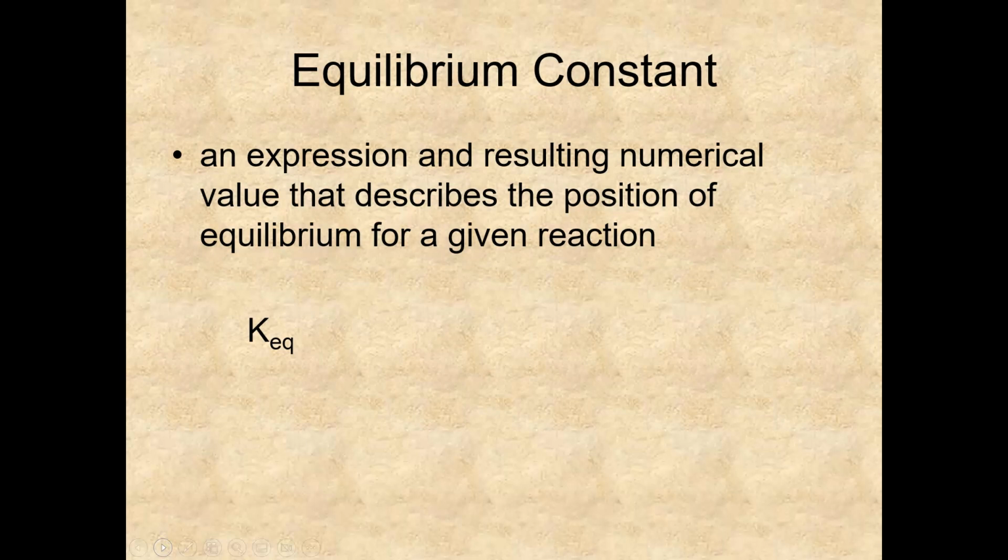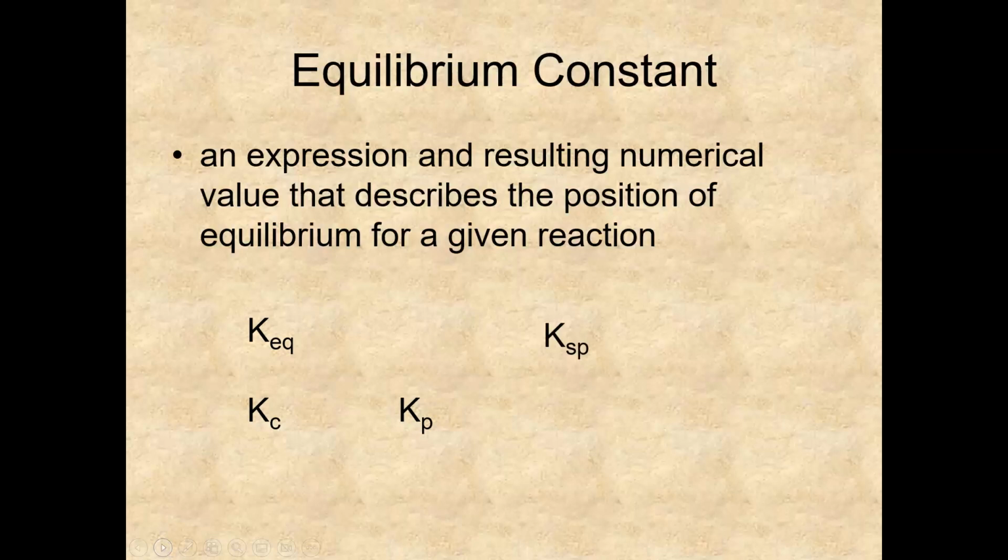We're also going to look at K in terms of, we can calculate K using concentrations, which is that Kc. We can also calculate K using pressures if we're dealing with gases. So you may see Keq, Kc, or Kp. They are all going to be used synonymously.